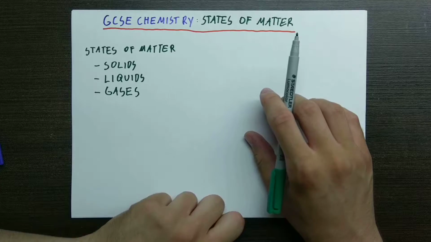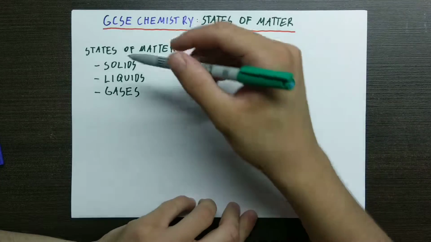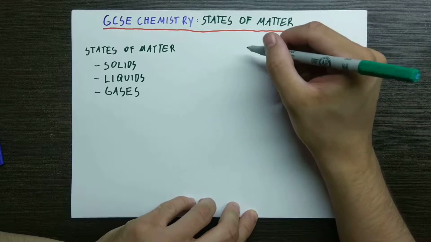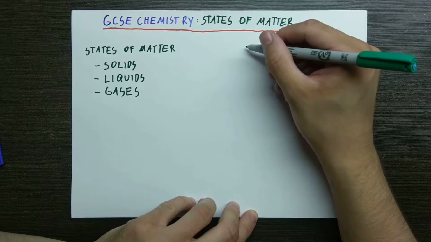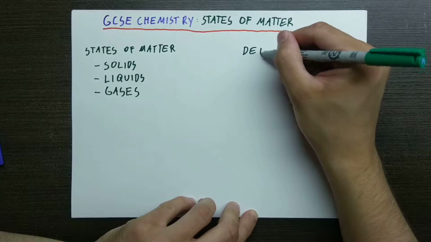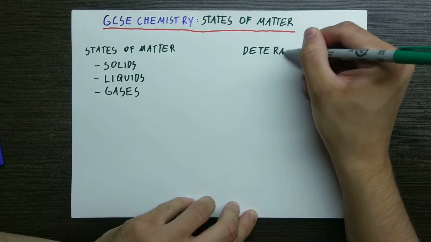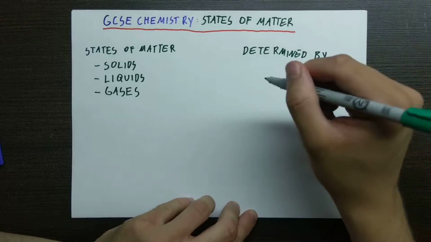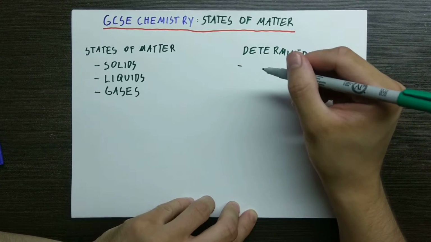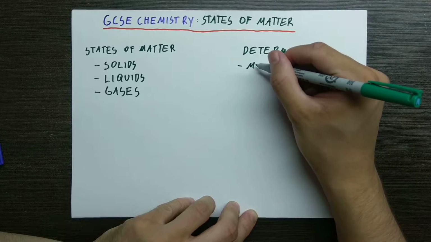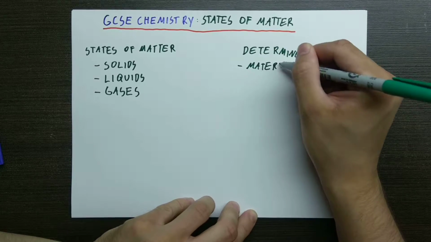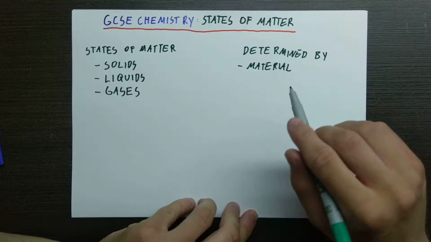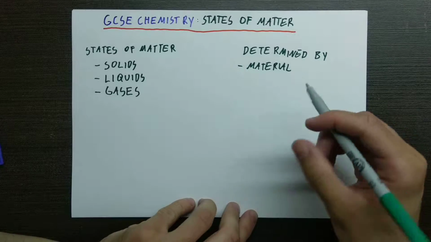Now, what do those states of matter depend on? Well, these states of matter are determined by, I'm going to write it down, determined by material, because different materials, different molecules have different strengths of forces between them.